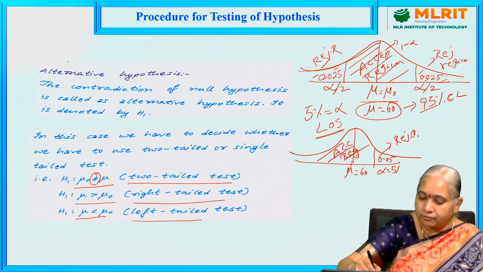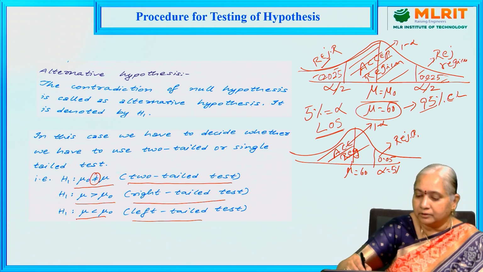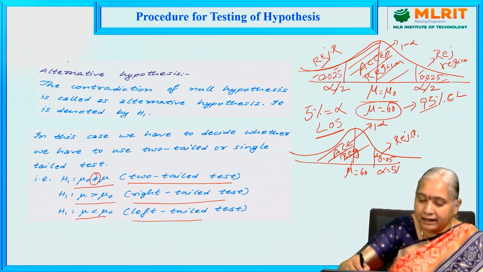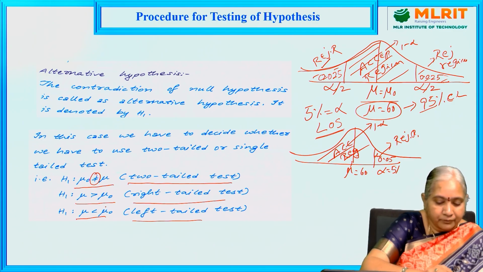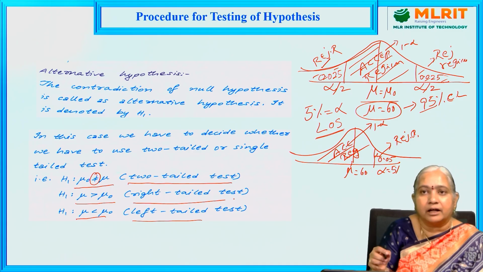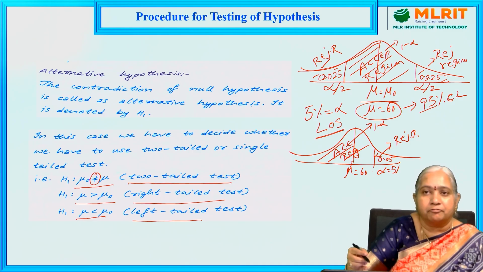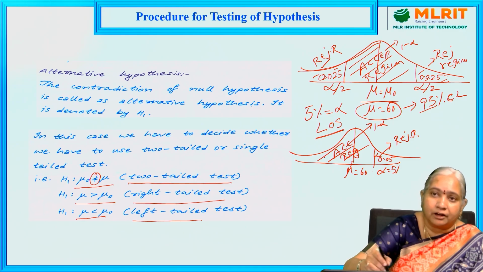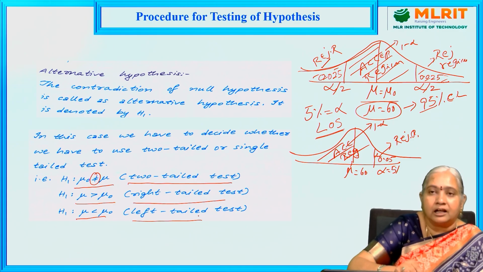So this is 1 minus alpha, and this is alpha, 0.05. So this right-tailed error is called a right-tail test. That means taking the total error to the right of the mean is a right-tail test. If it is taken to the left of the mean, then that is a left-tail test.